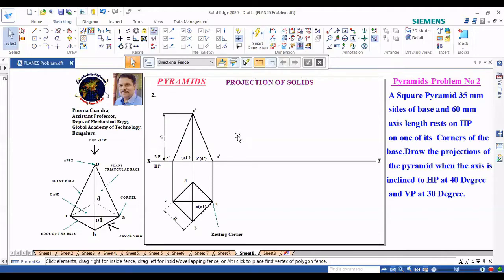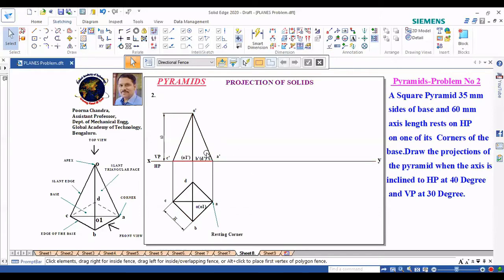So this is what the first position, triangular square pyramid resting on HP, one of its corners, it is resting corner A. So top view we get square resting corner, then front view it looks like a triangle. O dash, A dash, C dash is a visible thing, right? That's how we are doing here.